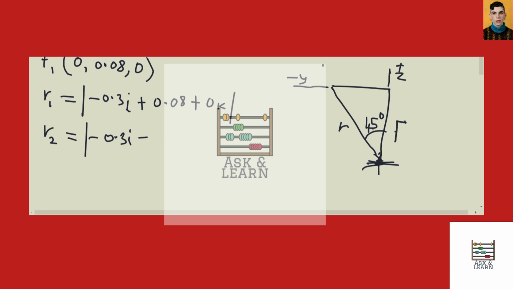For F2, this side is going to give us arrow cos 45 degrees, while this side is going to give us arrow sine 45 degrees. Now when we sum this up, we're going to have our value.